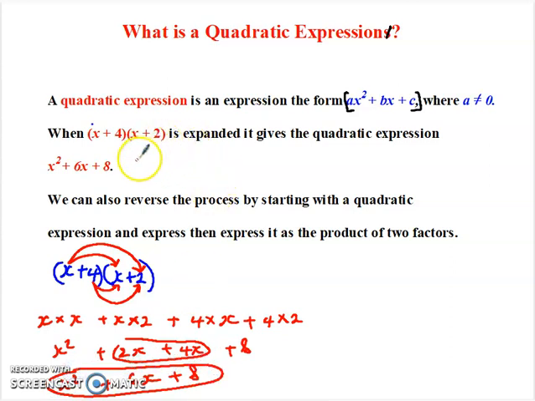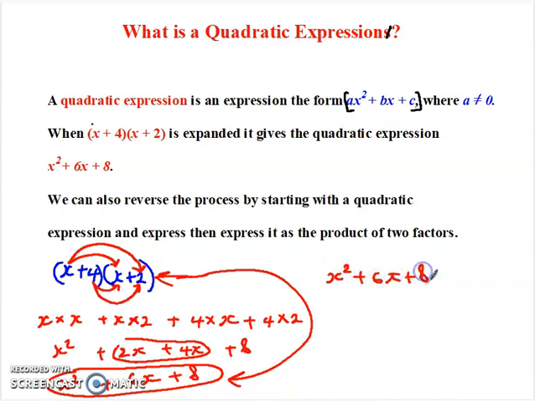So what this is basically saying, if you expand these products right here, you would get this quadratic expression, x squared plus 6x plus 8. So we can also do the reverse process by starting with a quadratic expression. So similarly to how you started with this first, and then you got this, we can also do the reverse, where we start with x squared plus 6x plus 8.